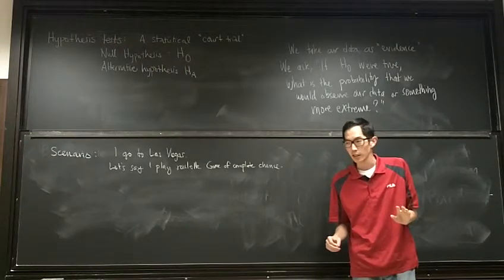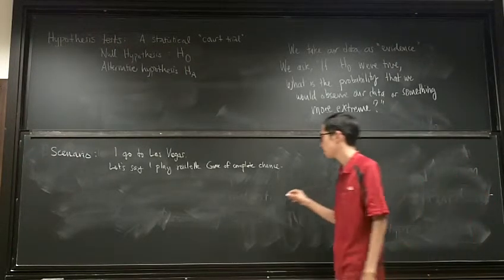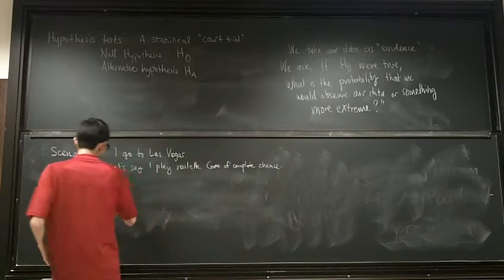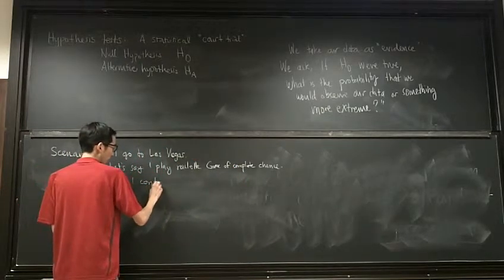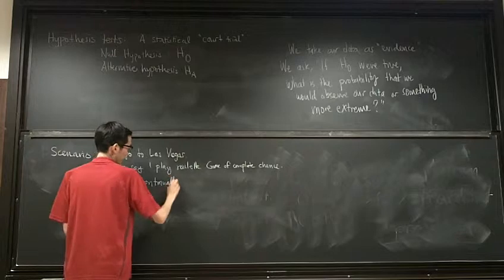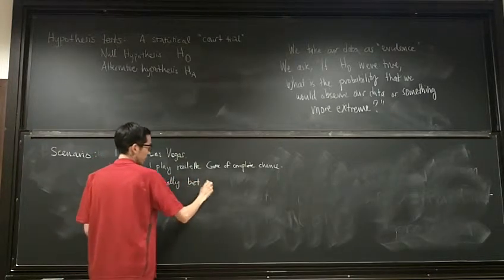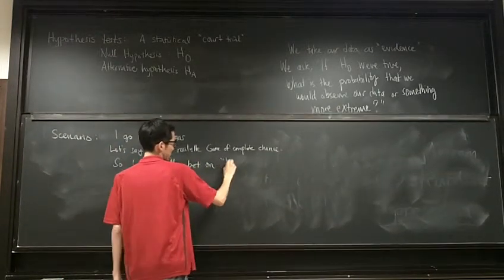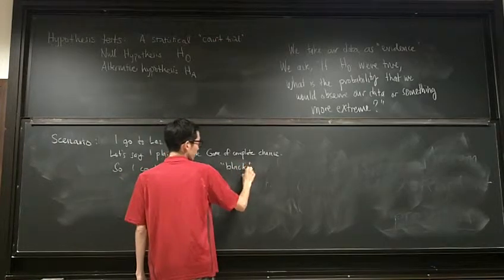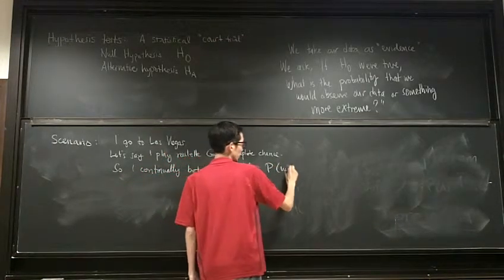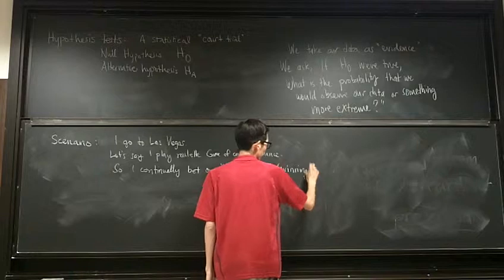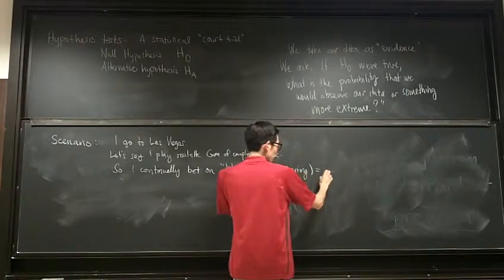So I continually bet on black. My probability of winning is, let's just say, 47%.